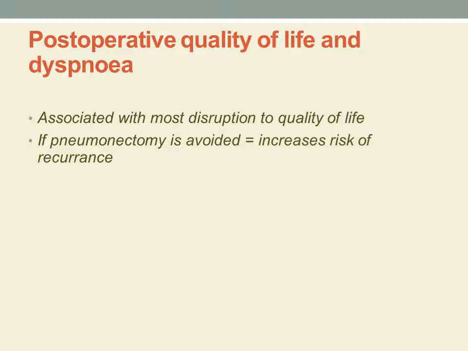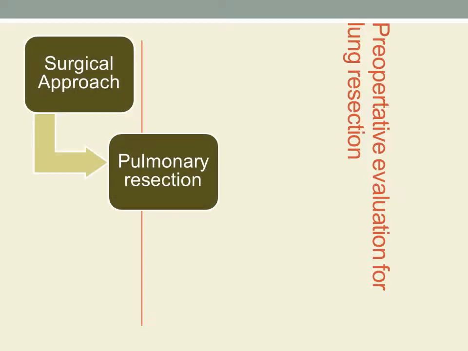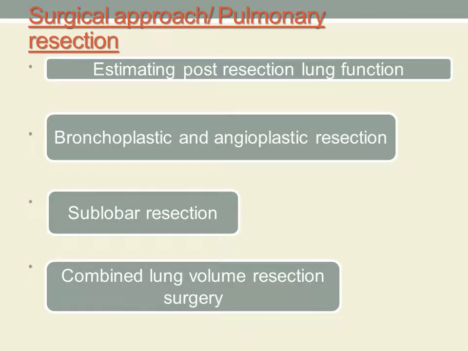One should avoid pneumonectomy where possible by performing bronchoangioplastic resection or non-anatomical resection, and when estimating quality of life, use a validated instrument. So the surgical approach, pulmonary resection, lymph node management: these are the steps of the surgery.